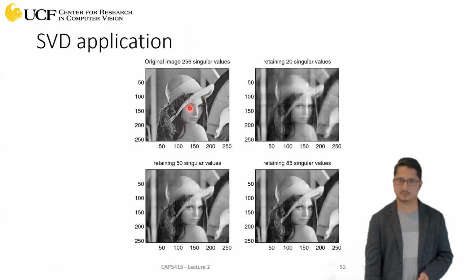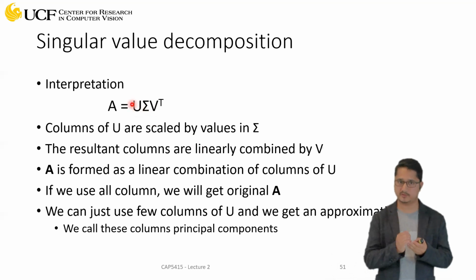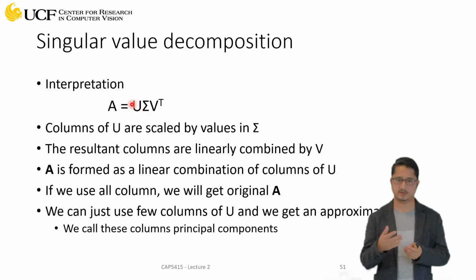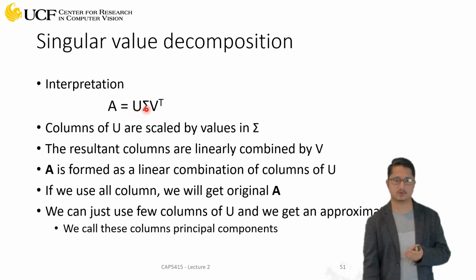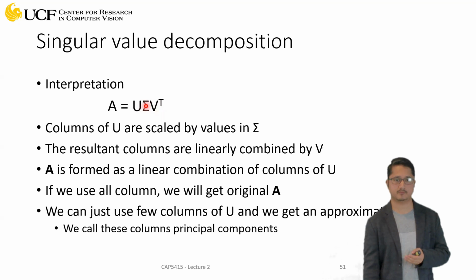So let's say we have this image over here, and the resolution is 256 cross 256. Now, if you go back to this formulation, U will be a matrix which will have 256 rows and 256 columns. And for each of those columns, we'll have 256 different values along the diagonal of sigma. These are just the weights which are going to be used when we perform the linear combination.